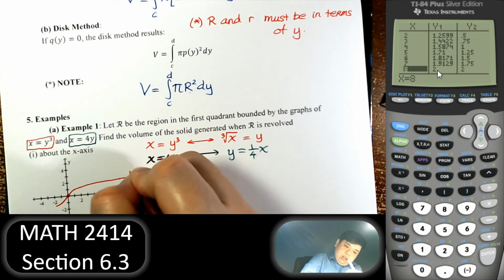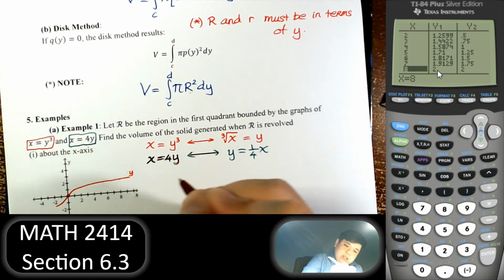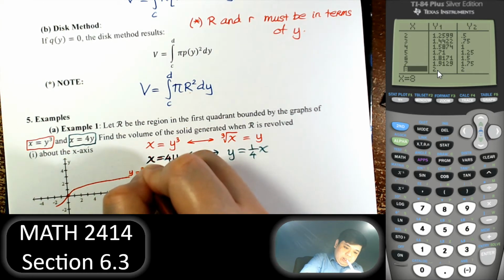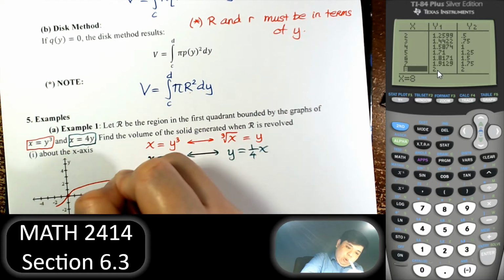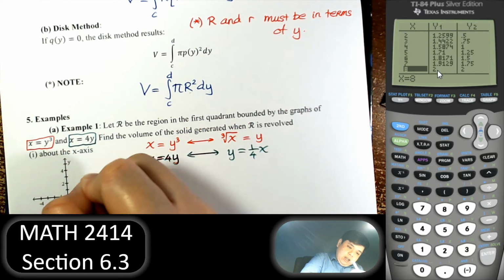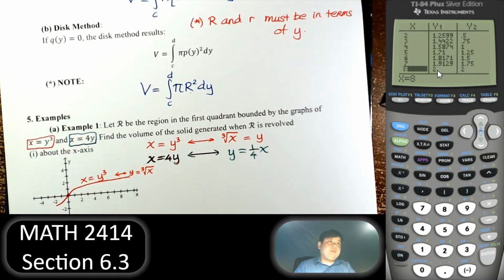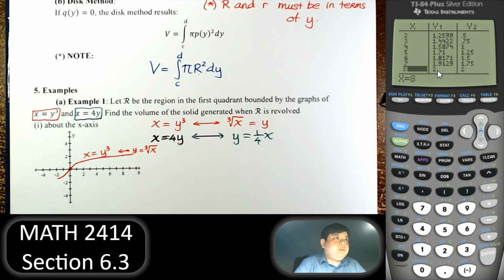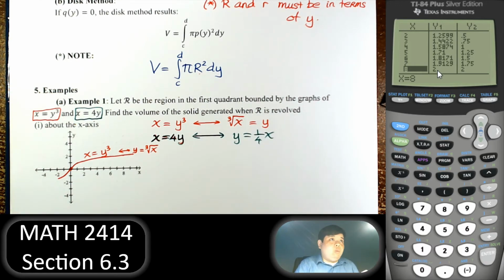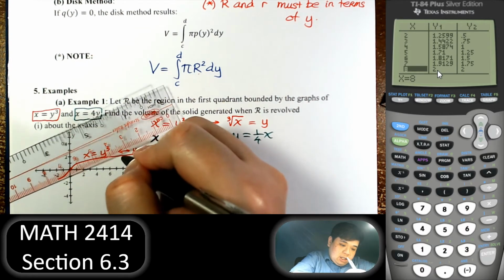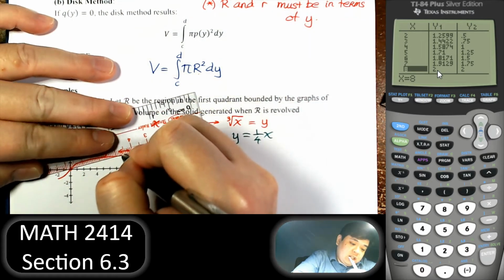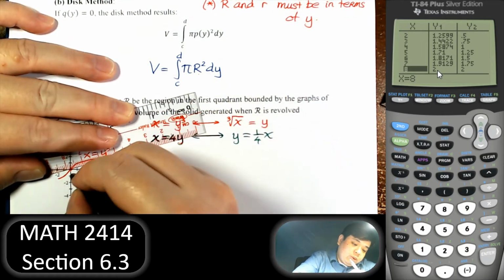So this is y equal to cube root of x, or equivalently x equal to y cubed. Next, we have y equal to 1/4 x. And again, we see that the intersection is 0, 0, and 8 and 2.